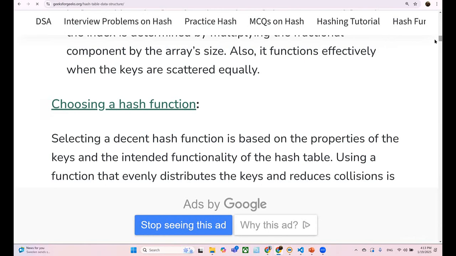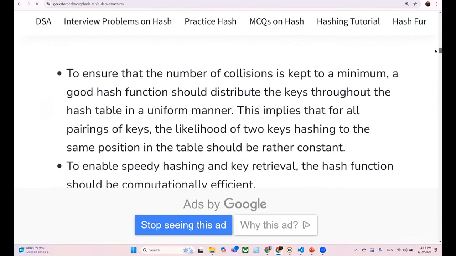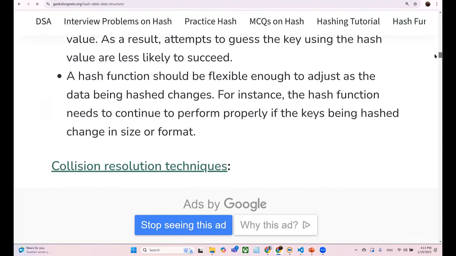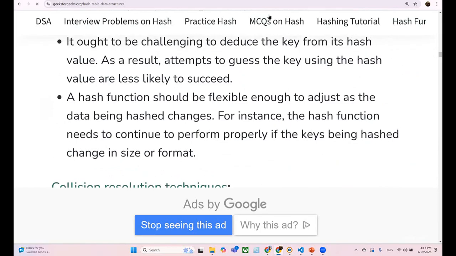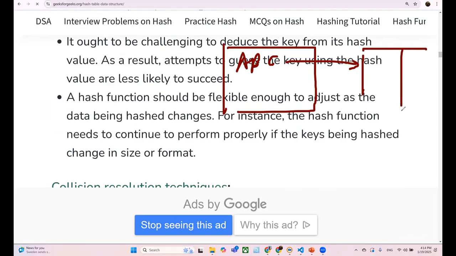In your table, you have ABC, and it may hash to address 3. Another one, CDF, may hash to address 2.